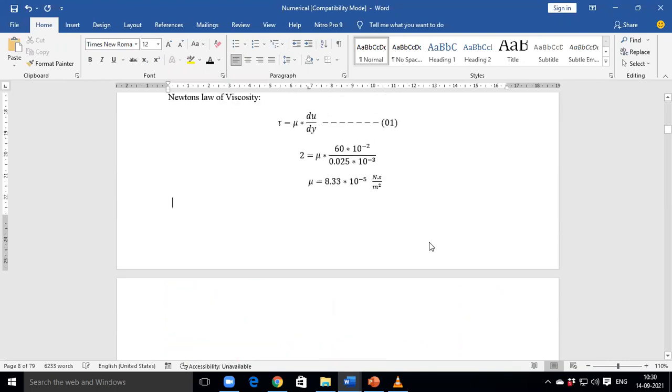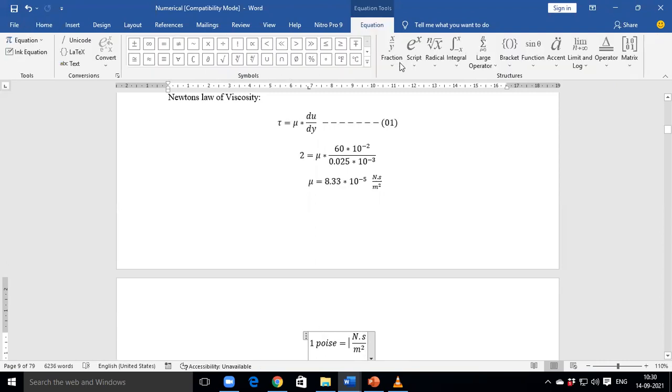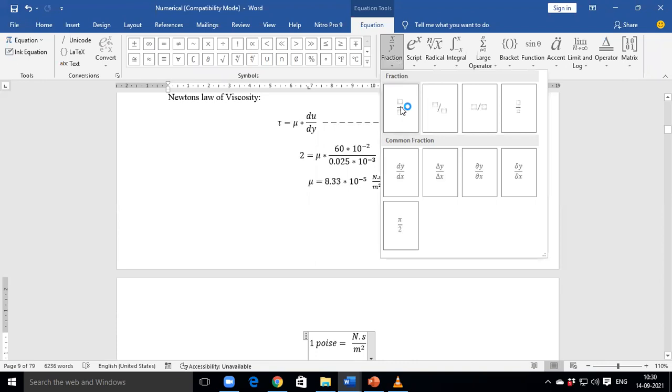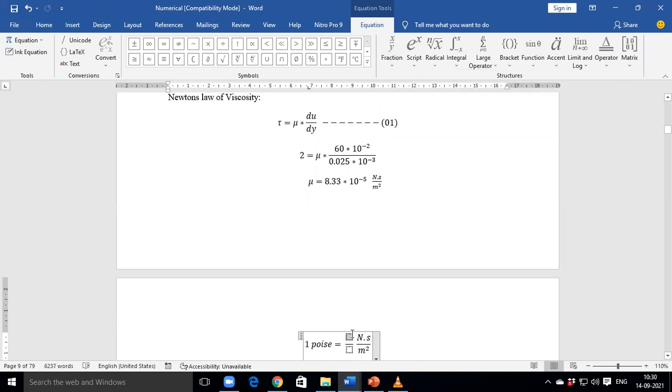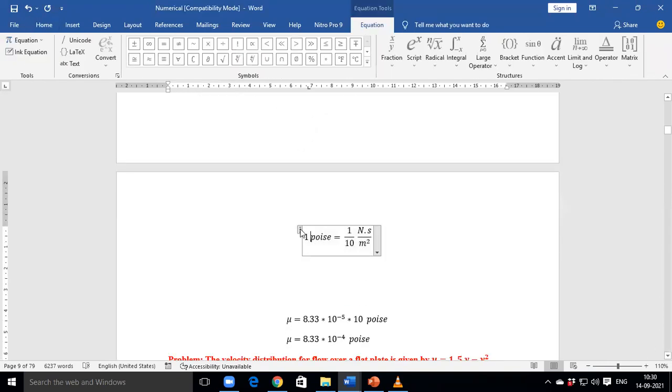First, we can write the unit conversion. 1 poise is equal to 1 by 10 Newton second per meter square. So 1 Newton second per meter square means how many poise?